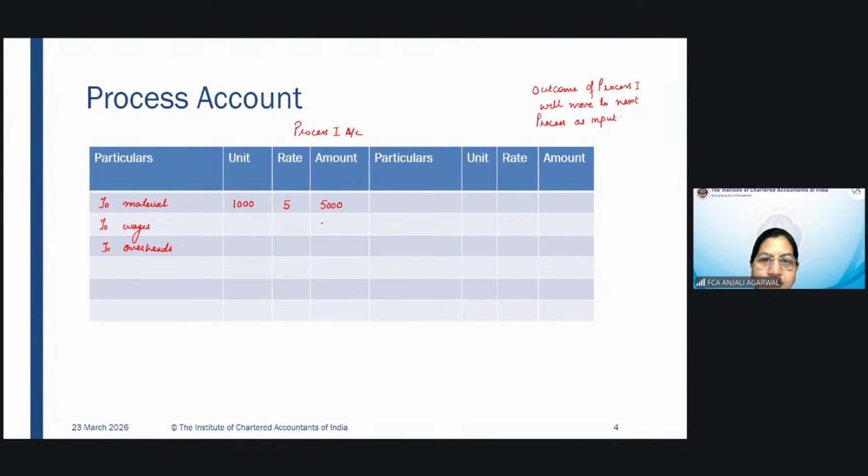Similarly, when you incur wages, let's say 3,000, on 1,000 units, that becomes 3 rupee per unit. And similarly, if there are overheads of 4,000, you are incurring 4 rupee per unit. So ultimately, all this will move to the next process.